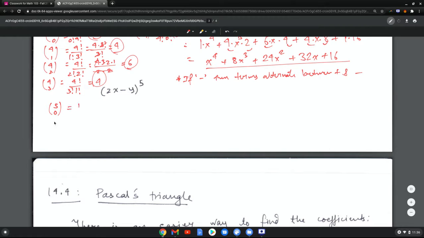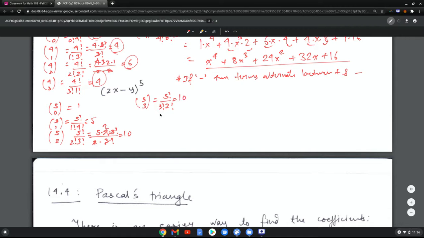Now 5 choose 0 is going to be 1. 5 choose 1 is 5 factorial over 1 factorial, 4 factorial, so that's 5. 5 choose 2 is going to be 5 factorial over 2 factorial, 3 factorial. That's 5 times 4 times 3 factorial over 2 times 3 factorial, which gives me a 10. 5 choose 3 is going to be 5 factorial over 3 factorial, 2 factorial.